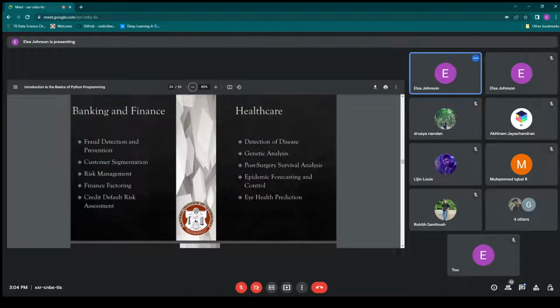So healthcare: detection of a disease, genetic analysis. In the detection of a disease, this was particularly important when COVID was there. It was used to know how this disease progresses, what is the severity of the disease, how it can spread through a place. So many data scientists and ML engineers were employing their models to find out how fast it will spread, and what is the predicted spread.